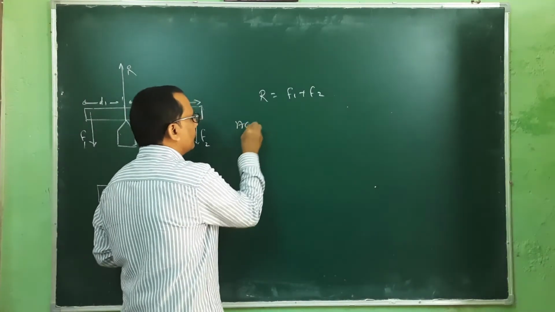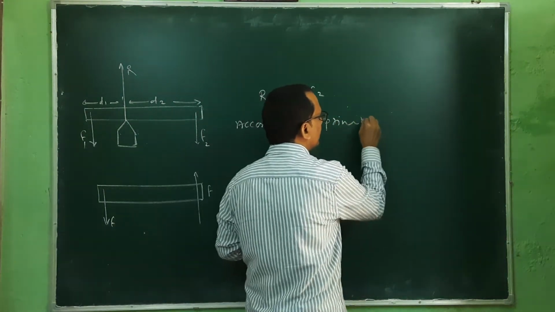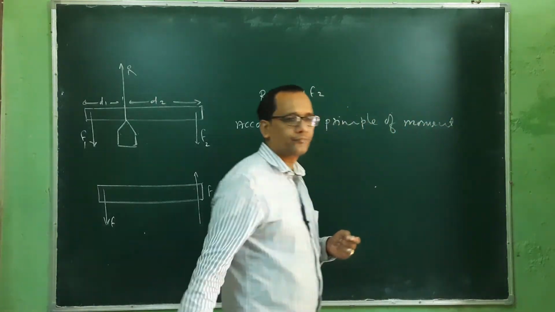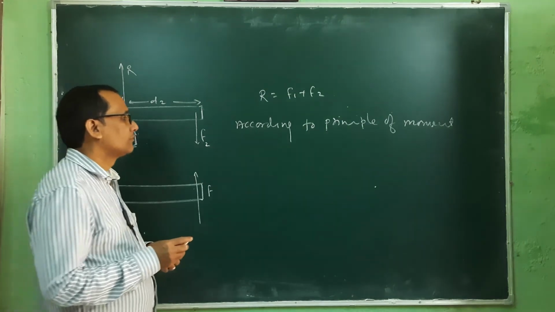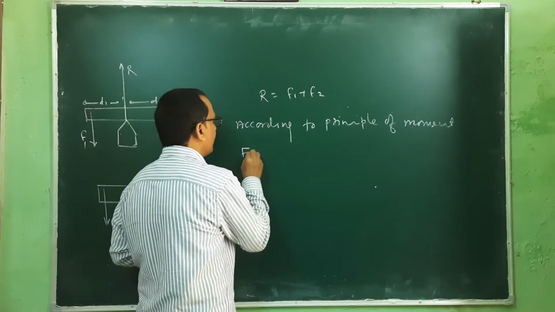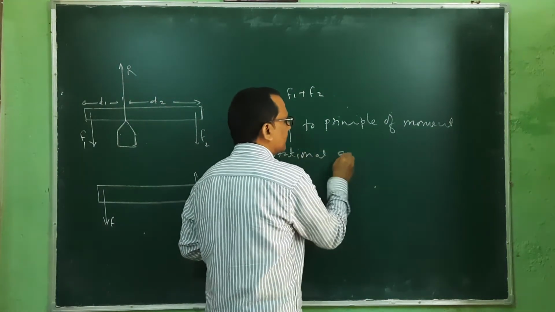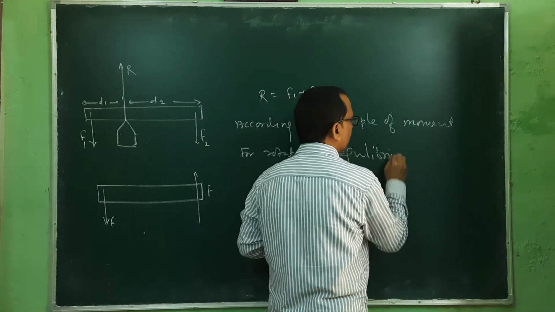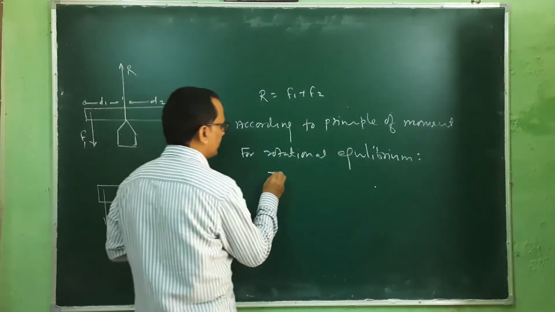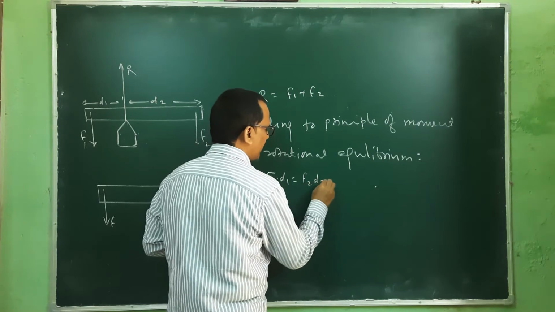So according to the principle of moment, for rotational equilibrium, this F1 multiplied by D1 is equal to F2 multiplied by D2.